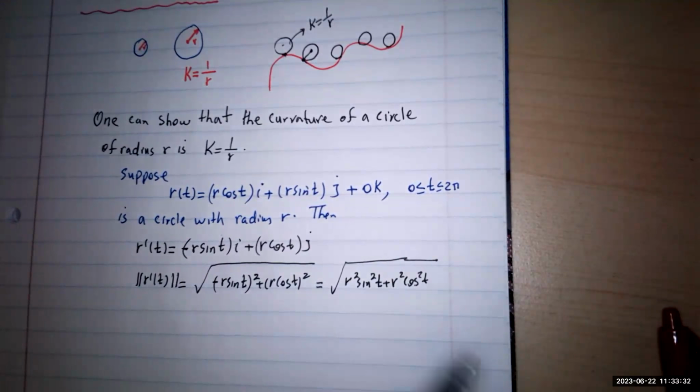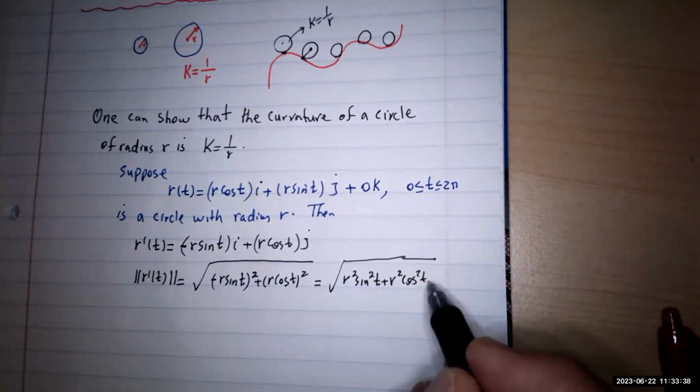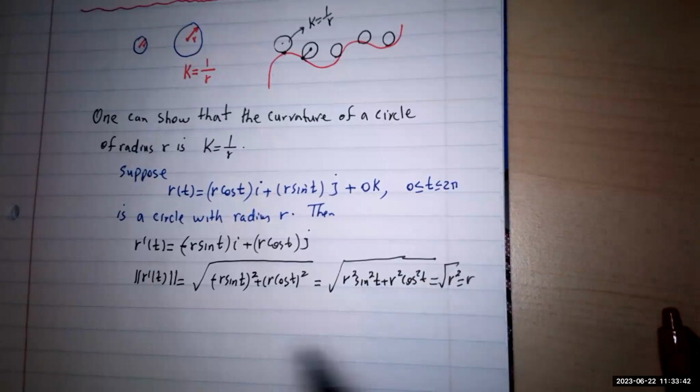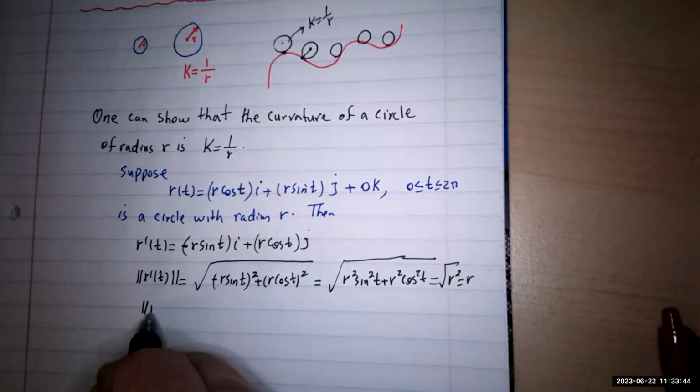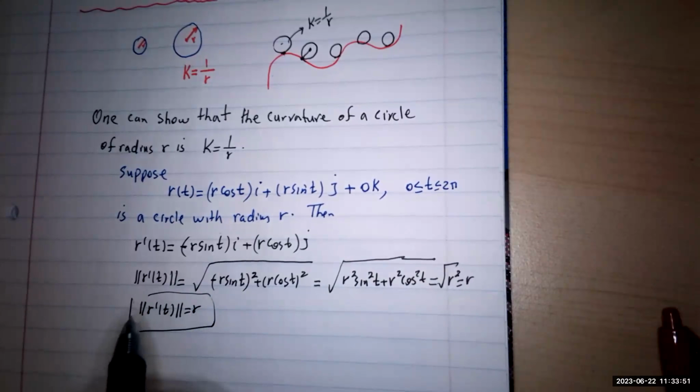If you factor out r squared, r squared times cosine squared plus sine squared, that gives us simply the radical of r squared, which is equal to r. So the norm of r prime of t is simply equal to the radius, r.